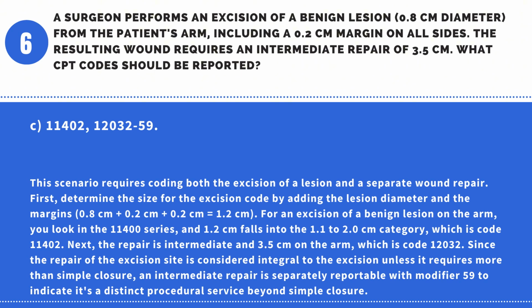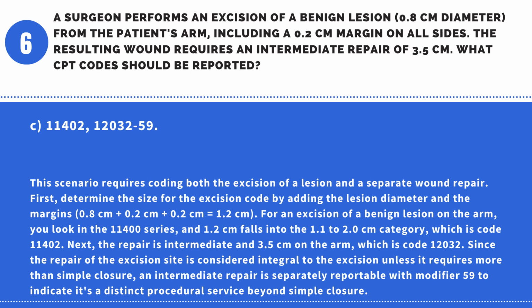Answer: C. 11402, 12032-59. This scenario requires coding both the excision of a lesion and a separate wound repair. First, determine the size for the excision code by adding the lesion diameter and the margins, 0.8 cm plus 0.2 cm plus 0.2 cm equals 1.2 cm.